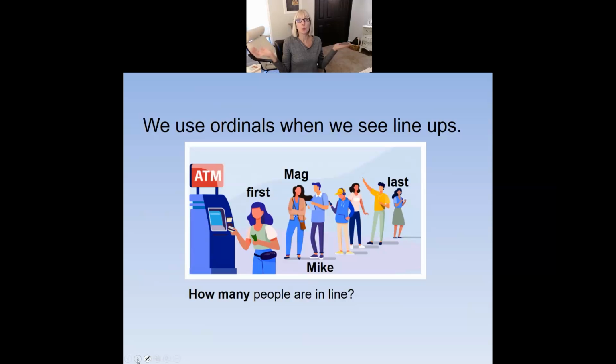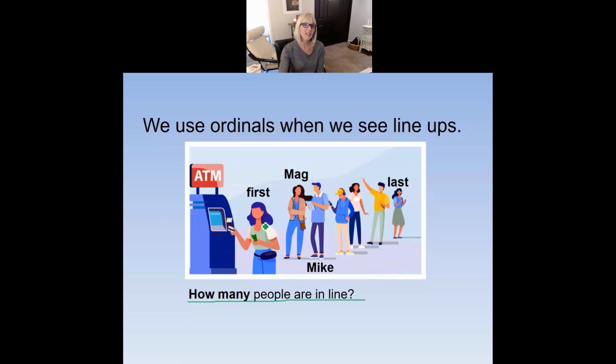Practice counting in ordinals. So when do we use ordinals? We use them often in English. We use ordinals when we see lineups or when we are in a lineup. Looking at this picture, let's look at this question. How many people are in line?